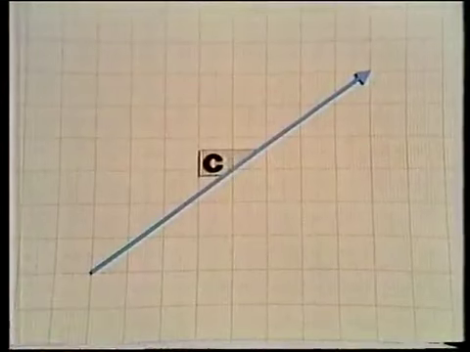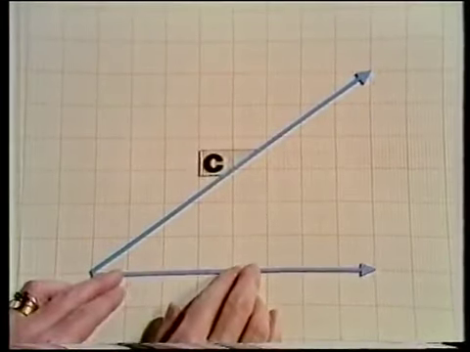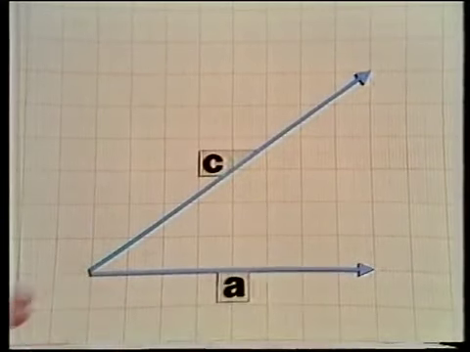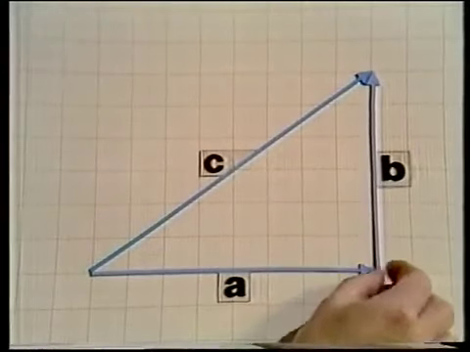Here's a vector C, and I can break it up into 2 parts. A part in the x direction and a part in the y direction by using the triangle rule backwards.